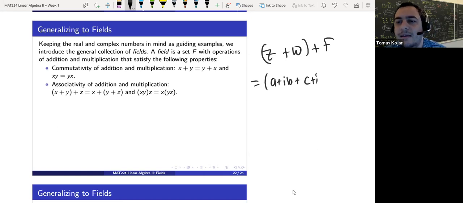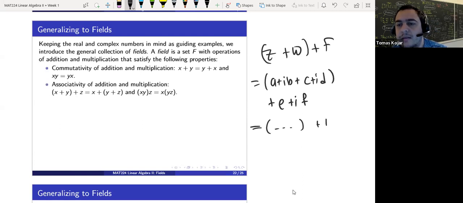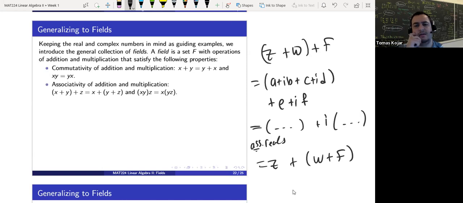Big F. I'm running out of letters. And then e plus i little f. And then again, you group them together as like this big thing. And then you apply the associativity for the reals. Okay. So then you get back your z plus w plus f. That's the idea. Okay. So I don't think that's complicated.